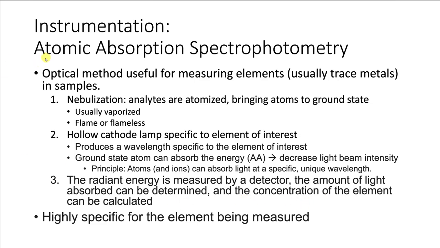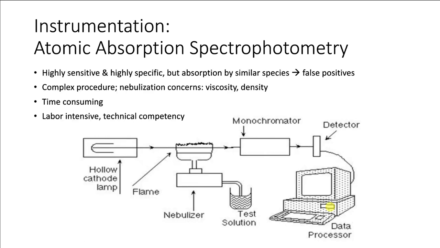A really important point is that atomic absorption is really specific to the element being measured, because atoms can only absorb light at that specific unique wavelength for them. That being said, it is highly specific and highly sensitive, but if something resembles that element just enough, then we can get false positives.